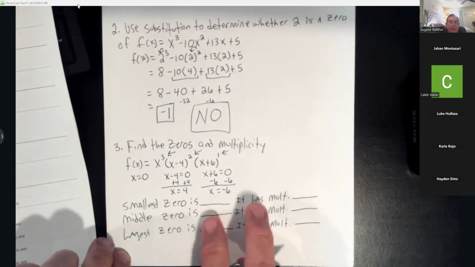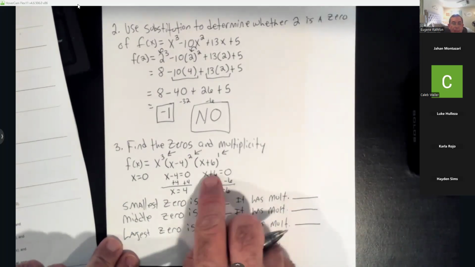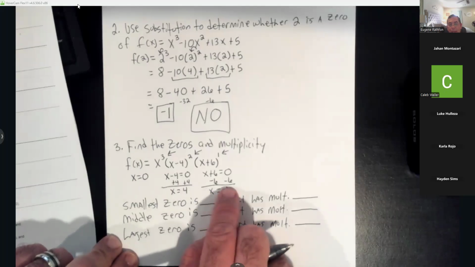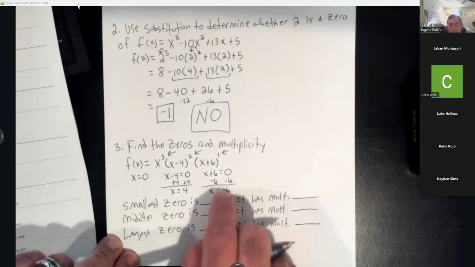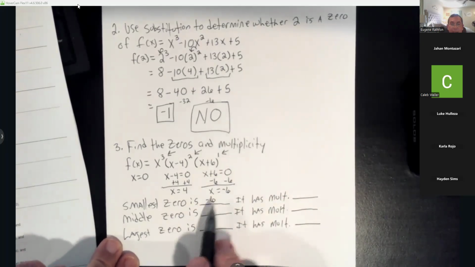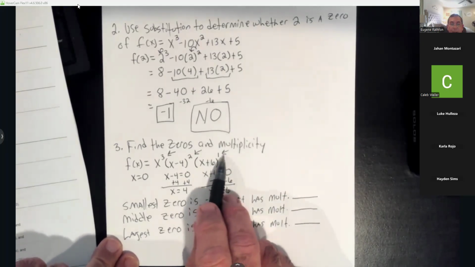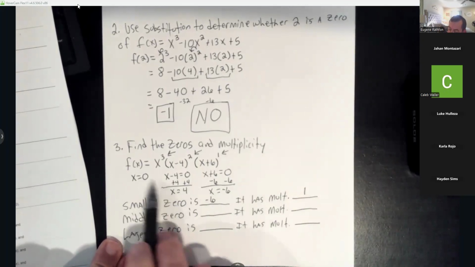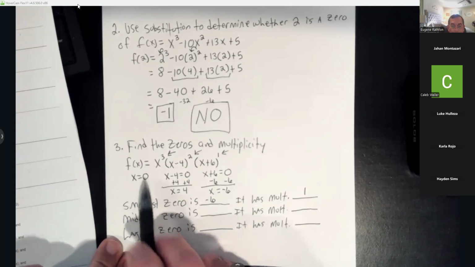So MATLAB will have this for us. We just got to put everything in. So y'all, the smallest zero, you got a 0, a 4, and a negative 6. The negative one's going to be your smallest. So you'd put negative 6 in. It came from this factor, which had a multiplicity 1. Right, the middle zero is going to be the 0.